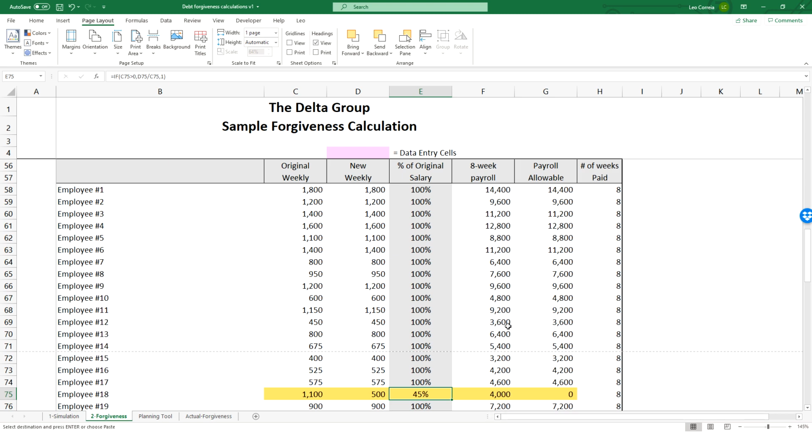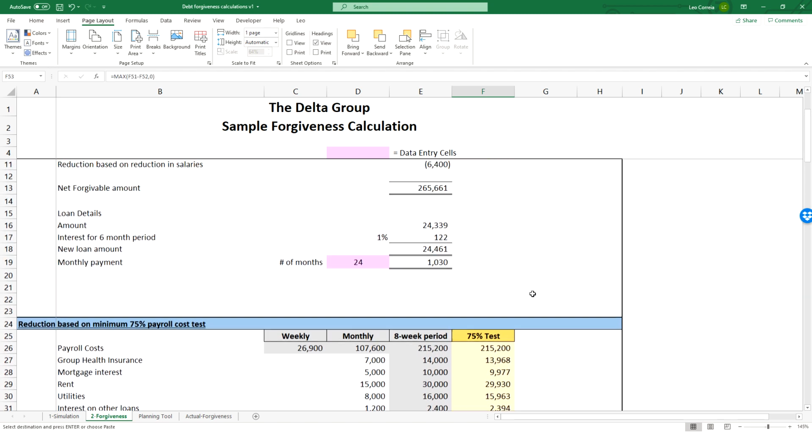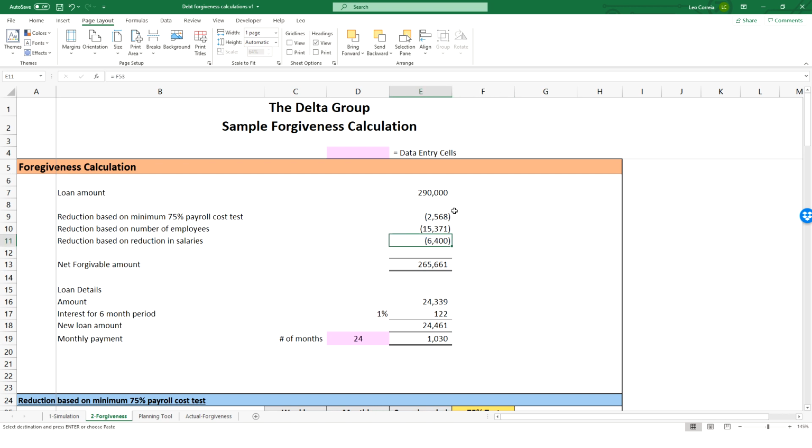So these things total up, and it gives me my actual payroll, and then it tells me my allowable payroll, and that difference is $6,400. That credit now comes up here, and these are my 3 component credits that come up to my reduced net forgivable amount. And again, all the calculations.